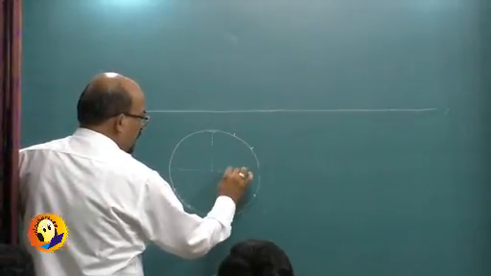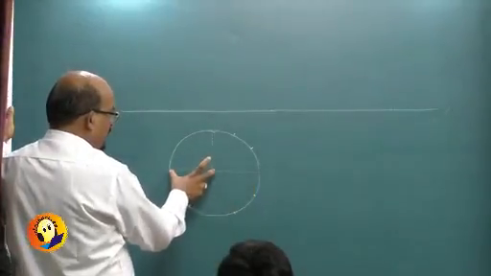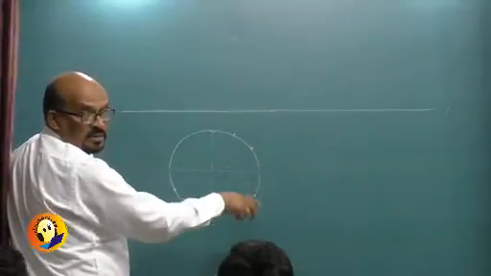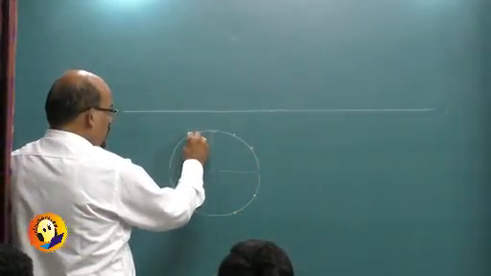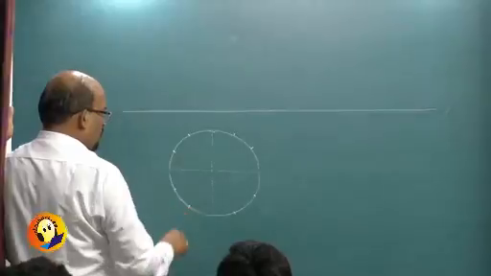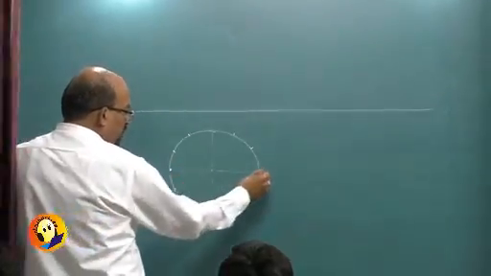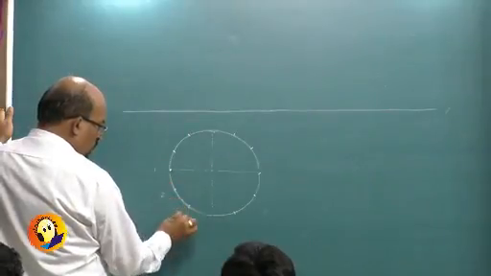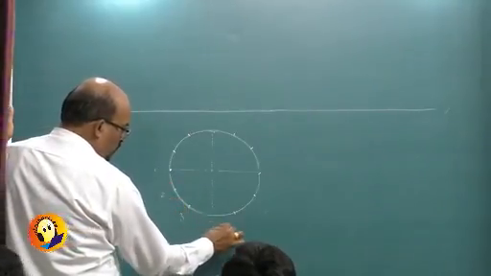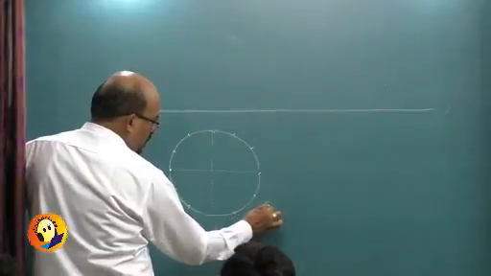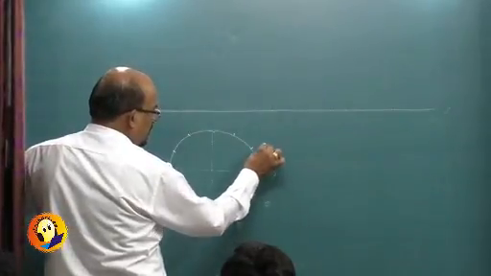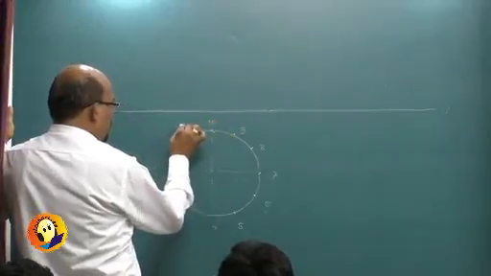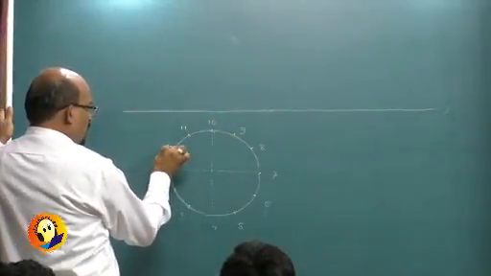The circle can be divided into 12 parts by taking the radius and cutting the arcs from all these 4 points. So it will be divided into 12 points. And these points are to be numbered. For our reference, it is 1, 2, 3, 4, 5, 6, 7, 8, 9, 10, 11 and 12.